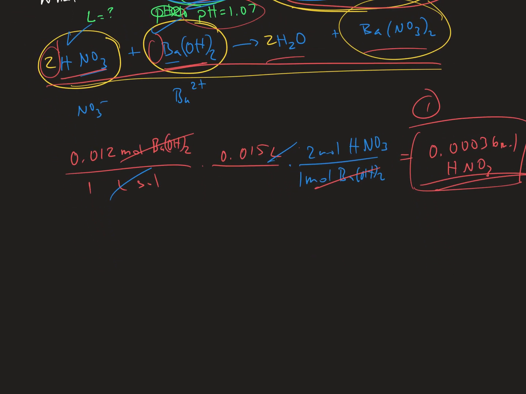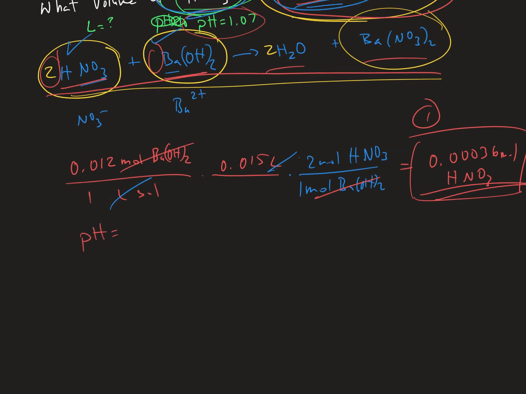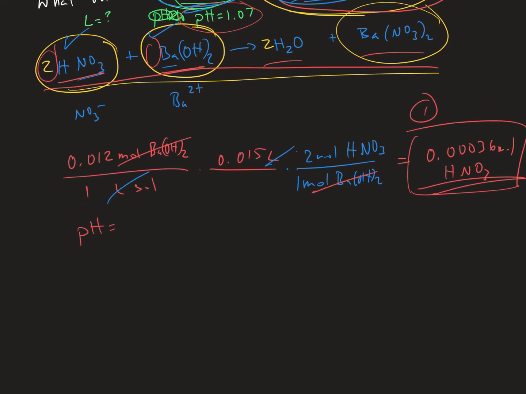And then we have the pH of our acid, which is 1.07. From there we look at our reference sheet. From this we can calculate the H plus concentration, which is going to equal 10 to the negative pH.